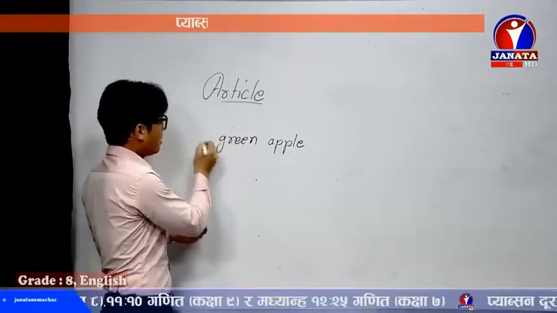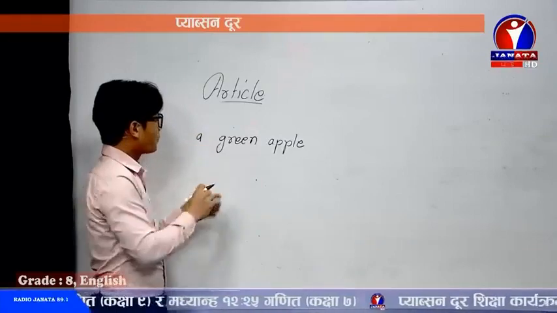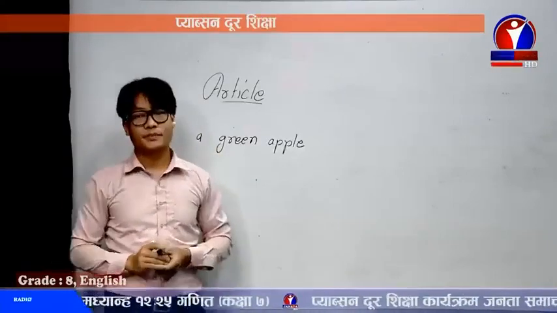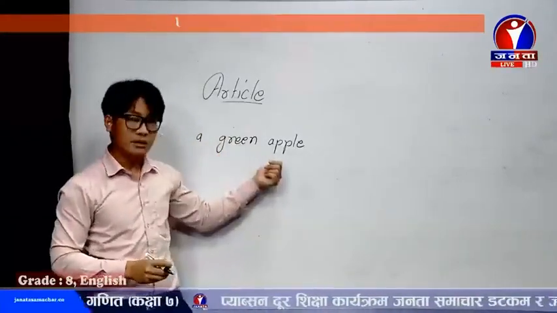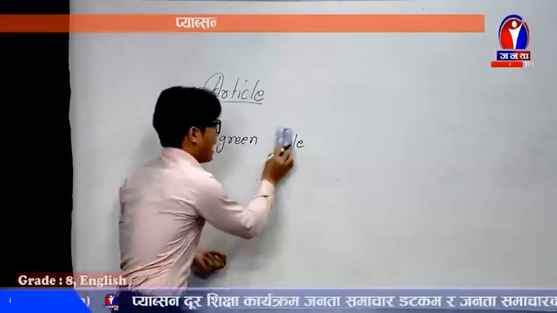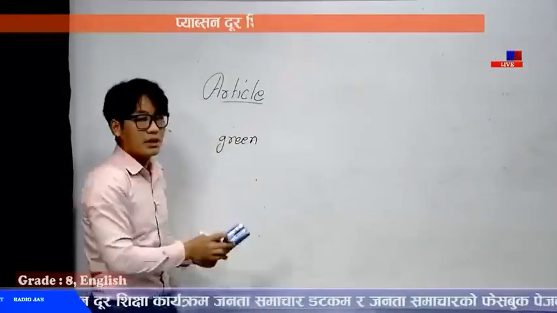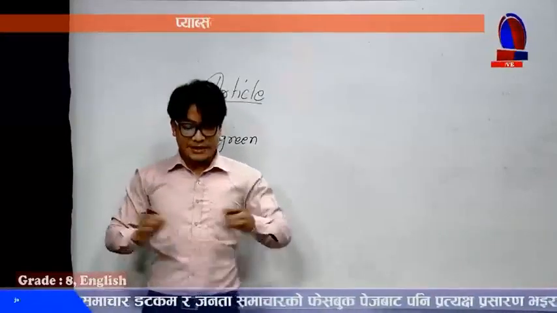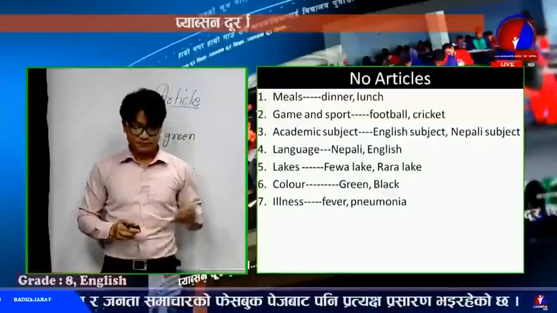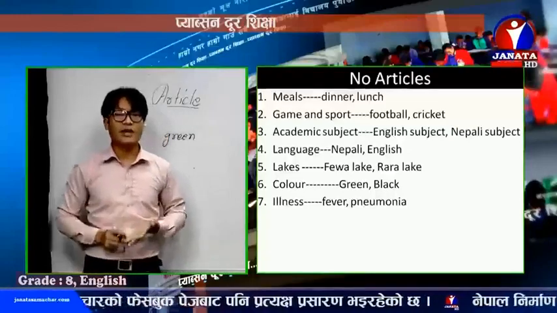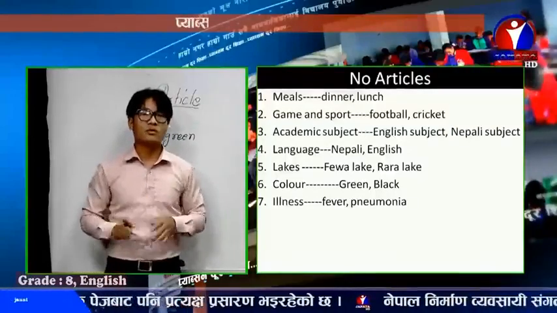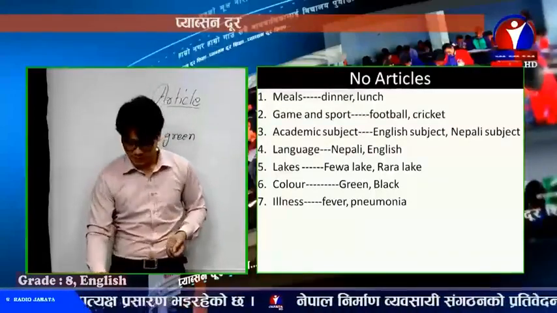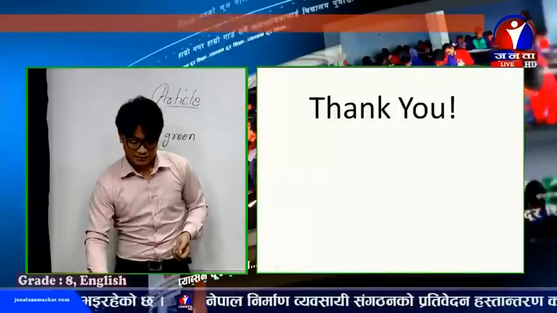The sound is g, so we use a green apple. But if there is no noun, just green, then we don't use any article. Next is illness, like fever, pneumonia, cancer. With these nouns, we don't use any article.